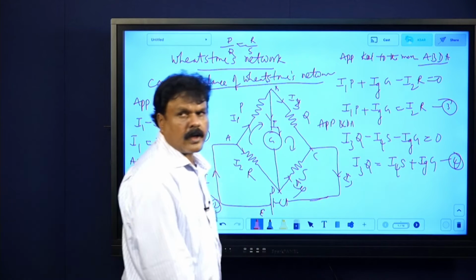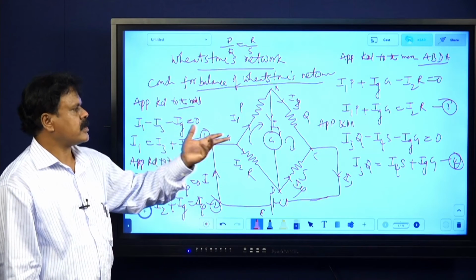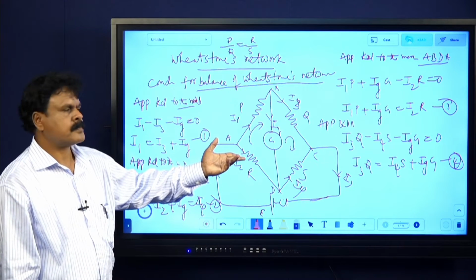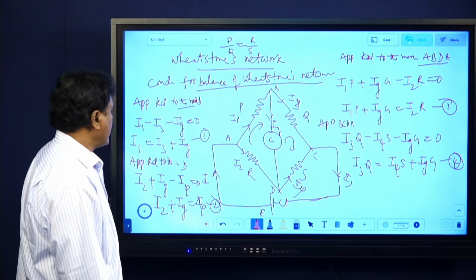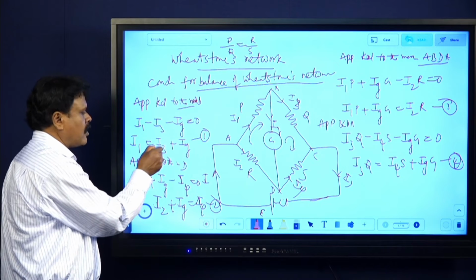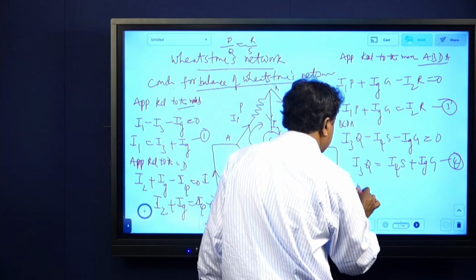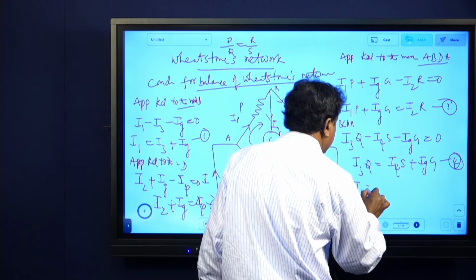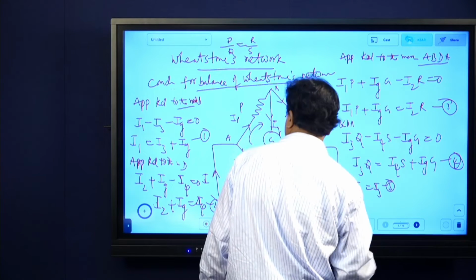Now you have to assume one condition. What is that condition? The current flowing through the galvanometer is 0. When you assume the current flowing through the galvanometer is 0, you see here this is 0, I1 will be equal to I3. Equations 1, 2, 3, 4 become: I1 equals I3, this will be 5.